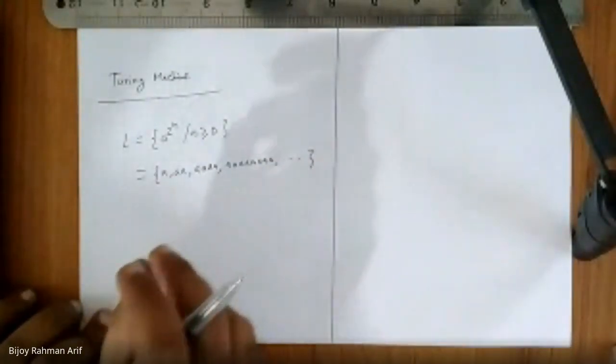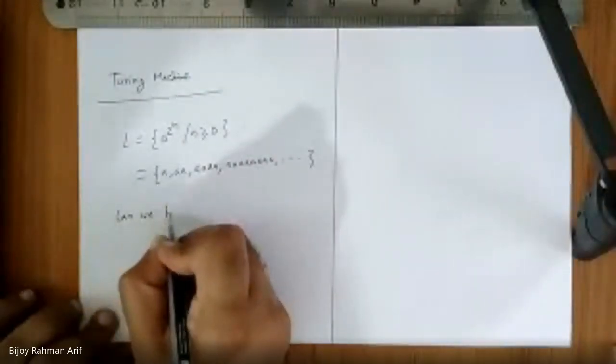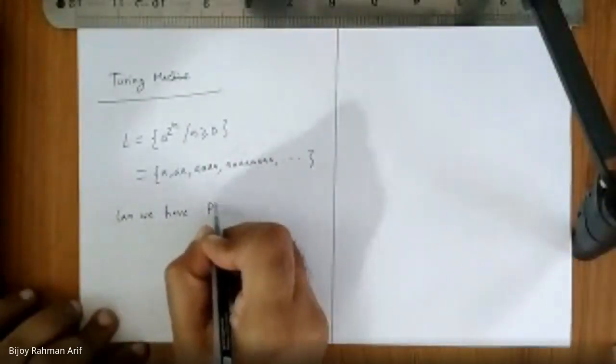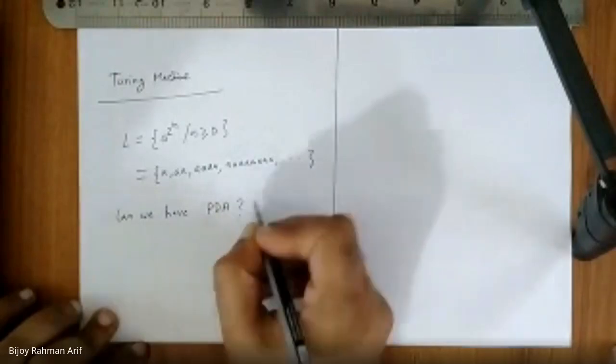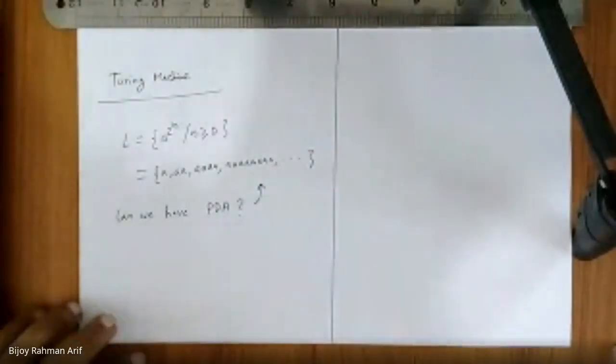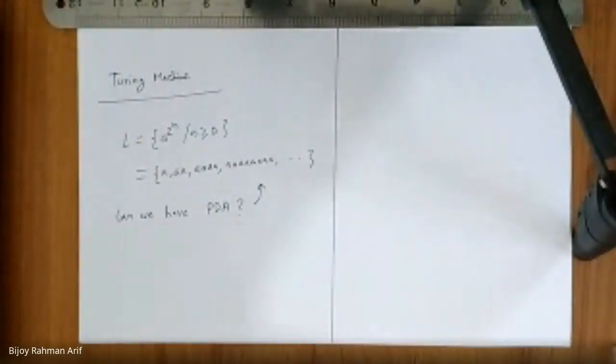Can we have a push down automata for this? What do you think? So this is a geometric progression.